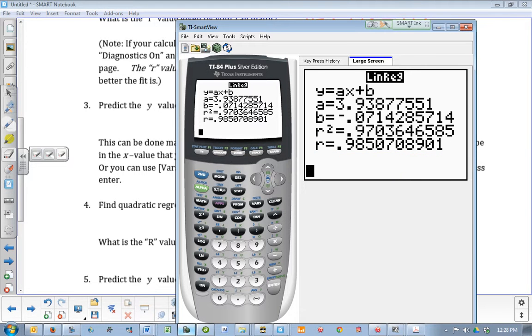We could just write this out by hand or type it and plug 10 in and say 3.938, if I round off, times 10 plus this B value, which is negative 0.0714, and we could calculate that out. That would give us our Y value. However, that's going to take a little bit of work, of typing and rewriting and remembering all that.